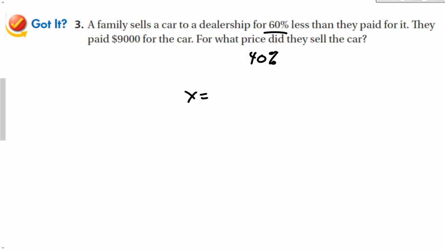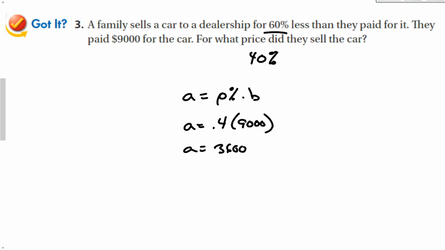So we can now just solve this, right? Let's use the same letters. That A is equal to some percent times my base, and that A is going to be 0.4 times 9,000, which gives me a total of 3,600.